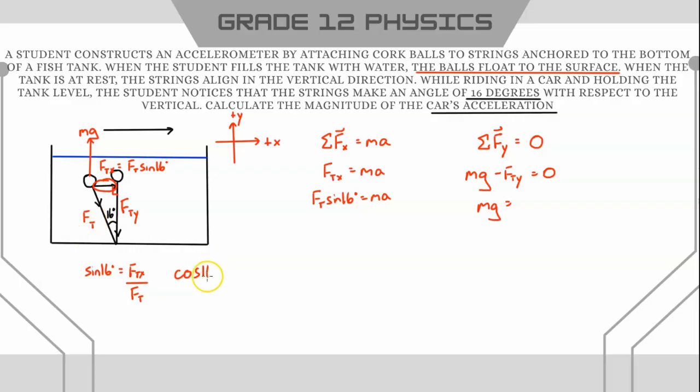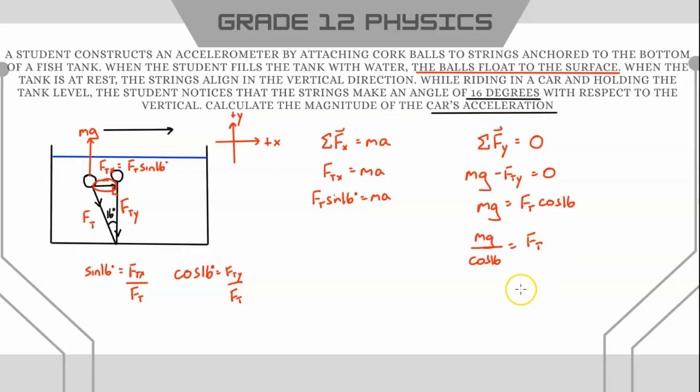So we can say the cos of 16 degrees equals Fty over Ft. So when we multiply both sides by Ft, this is equal to Ft cos 16. And then if we divide both sides by cos 16, we get mg over cos 16 equals Ft.